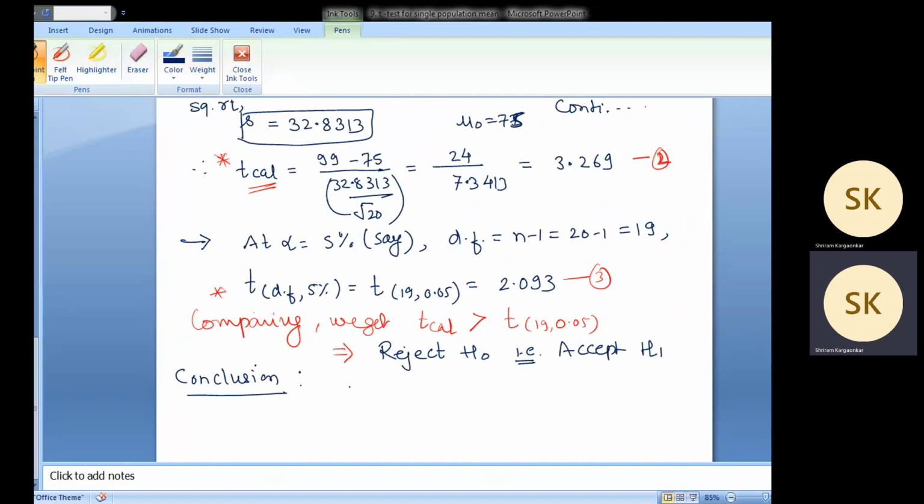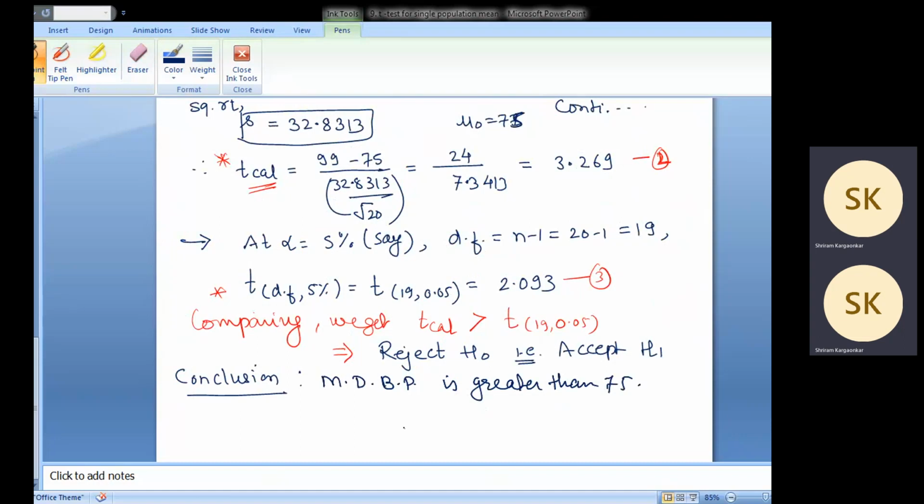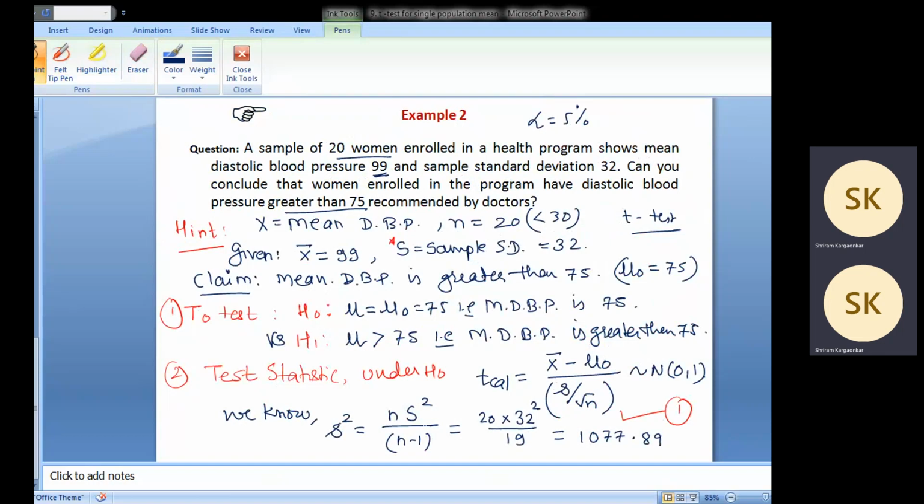Therefore, mean diastolic blood pressure is greater than 75. So this is our conclusion. Okay, so we solved the two numerical examples here and hope you understand it.